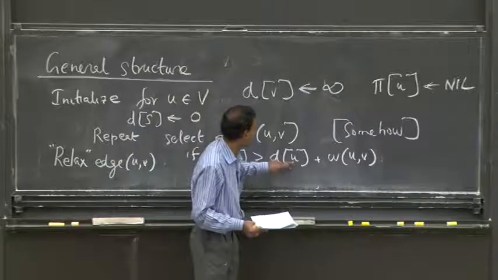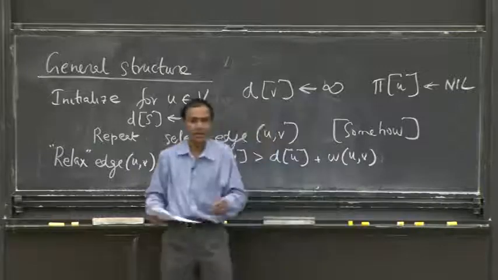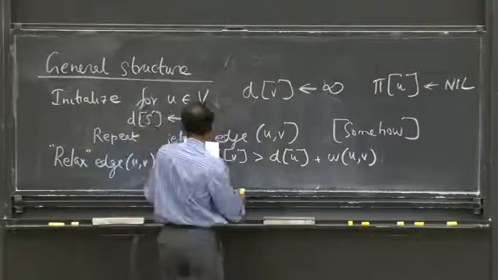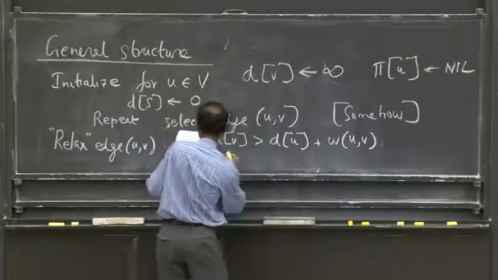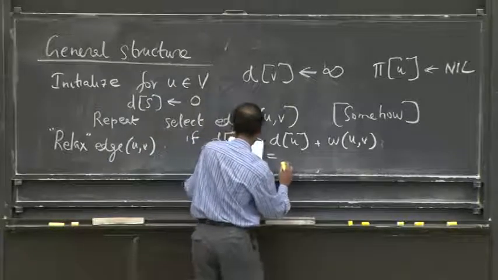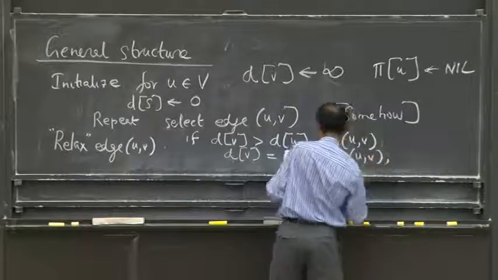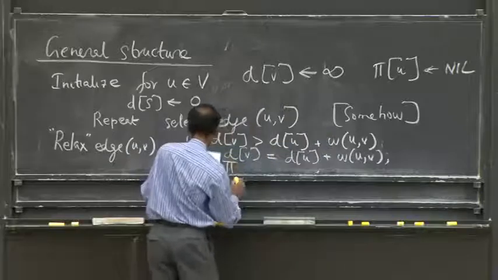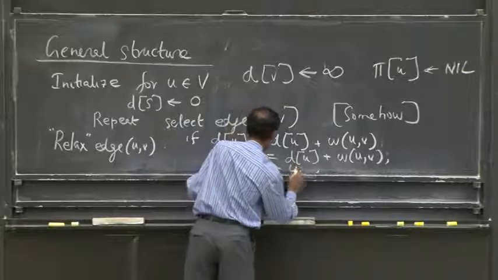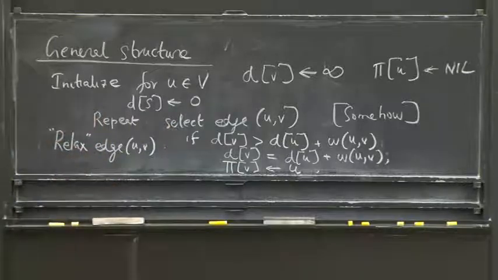But I know that d of u, for example, is a finite number, and I do know that this edge exists from u to v, which means that I can update the value of d of v, and that's what we call relaxation of the edge uv. So if the condition is true, then you set d of v to be d of u plus w uv, and you also update the predecessor relationship, because the current best predecessor for v is going to be u. Right? So that's the notion of relaxation.